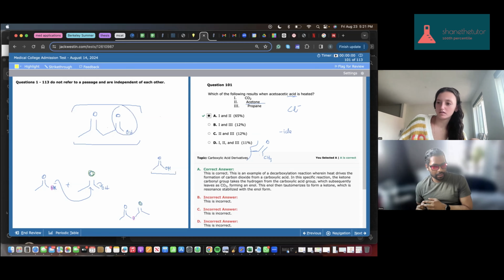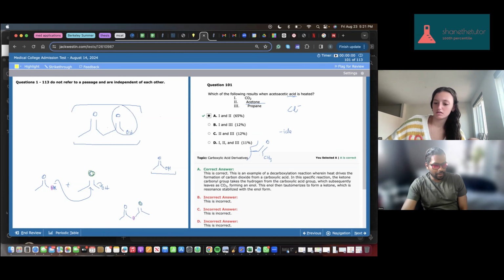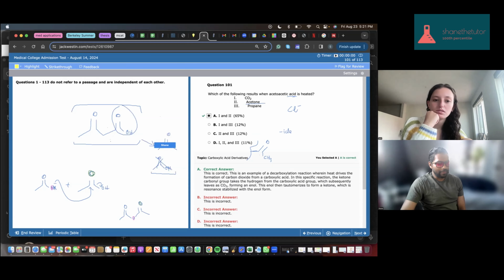So for this one, we're going from this to this, right? We have 4 carbons in acetoacetic acid and 3 carbons in acetone, right?